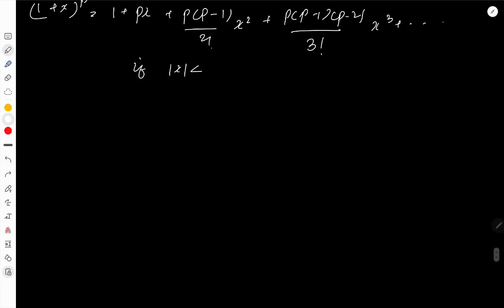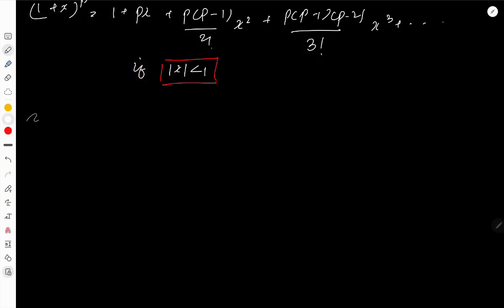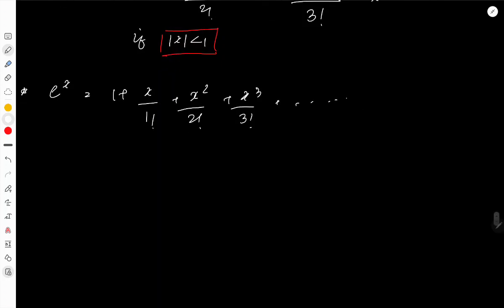Let me underline it, highlight it in another color. The second one is e to the power x, that is 1 plus x by 1 factorial plus x square by 2 factorial plus x cube by 3 factorial and so on.